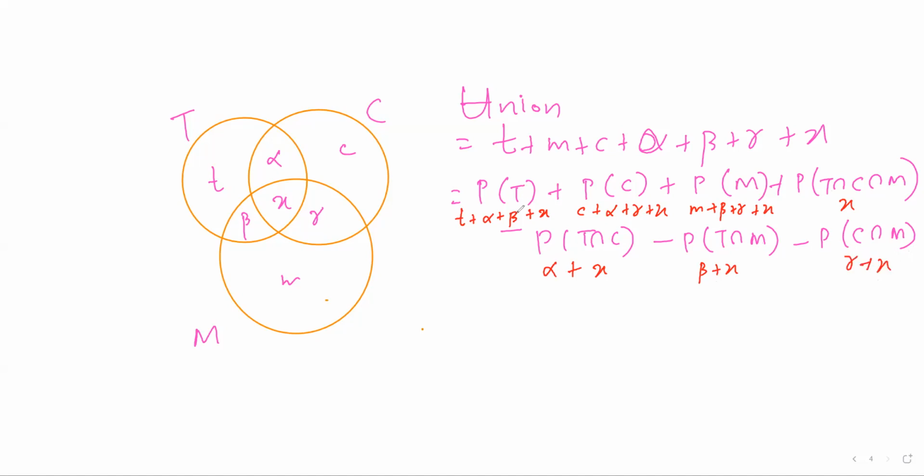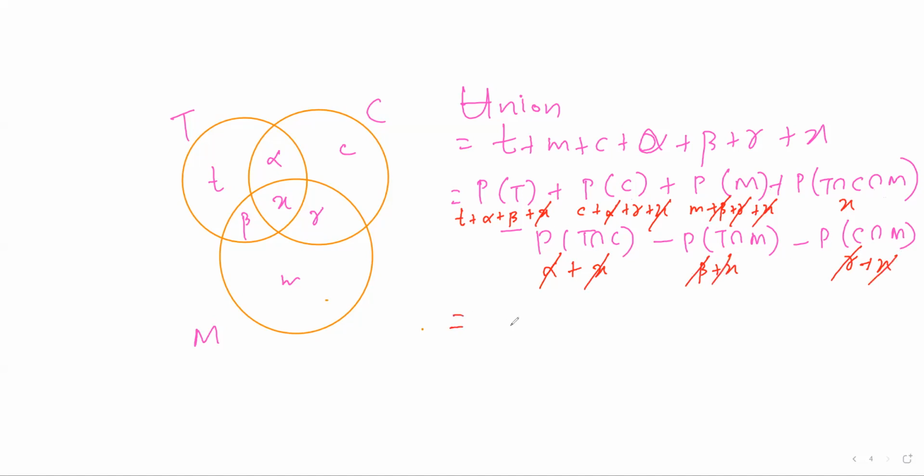So here now there are 2 alphas, 1 alpha to 1 alpha cancels, and 2 betas, 1 beta to 1 beta cancels, and 2 gammas, so 1 gamma to 1 gamma cancels, and there are 4 X's and 3 X's are cancelled. 1, 2, 3 with 1, 2, 3.